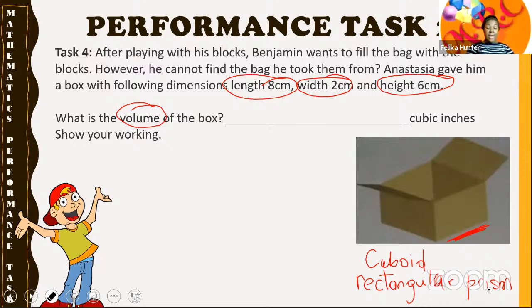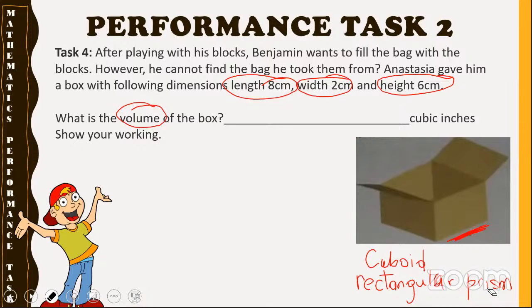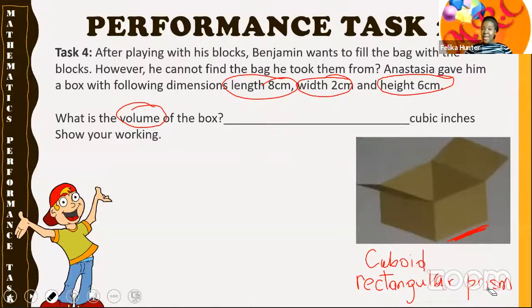Can someone tell me how I'd know that this is a cuboid? Remind me of what I used to know that this box is a cuboid. I've heard from Sahari, and I've heard from Shekwan. Kavis, go ahead.